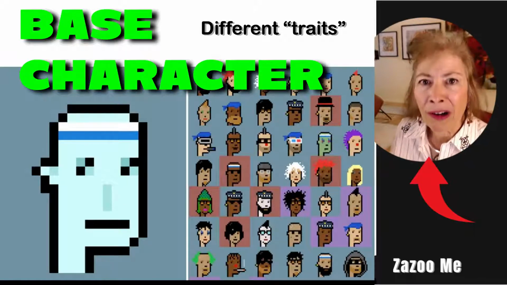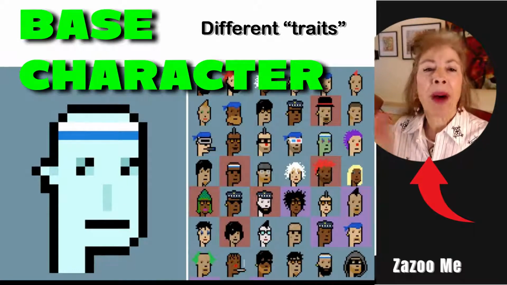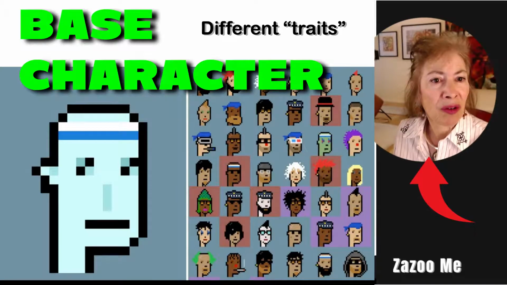The more rare the traits are, and by rare, I mean the percentage of the overall collection. So if it's a 10,000 NFT collection and 1% have a particular trait, that's rare. That's what makes an NFT rare, the percentage of the trait.